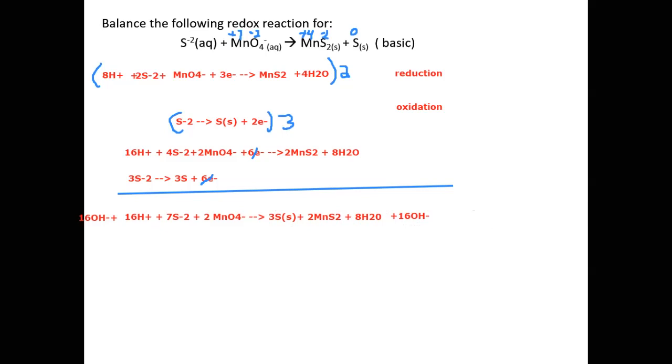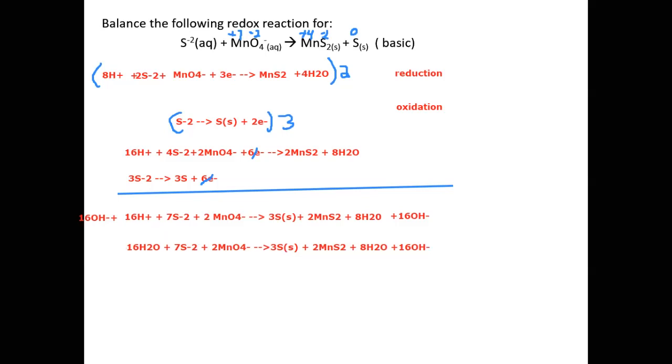And so this becomes now 16 H2O plus 7 S2 minus plus 2 MnO4 minus yields 3S solid plus 2 MnS2 plus 8 H2O plus 16 hydroxide.